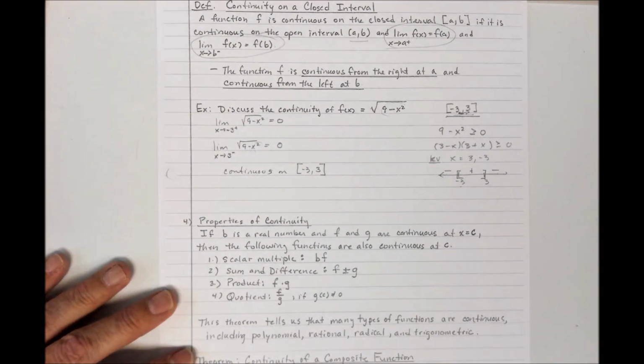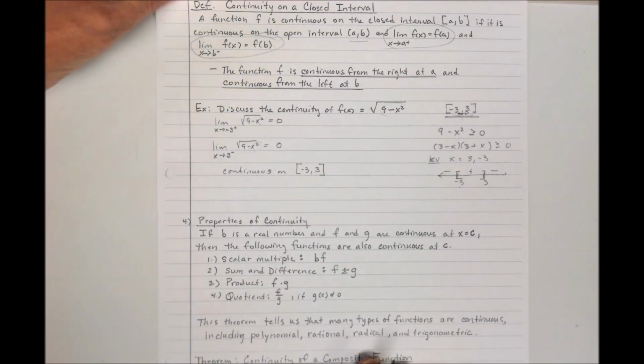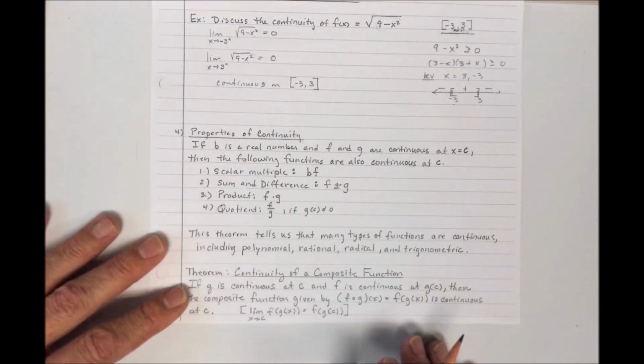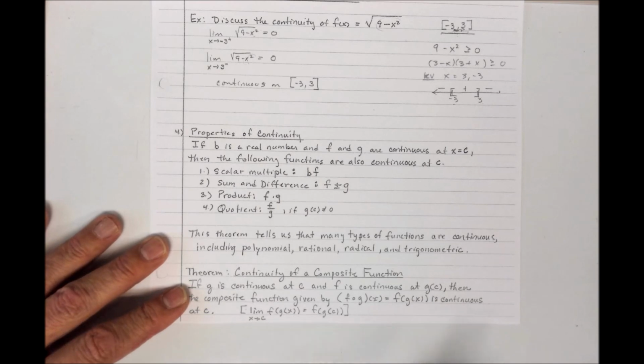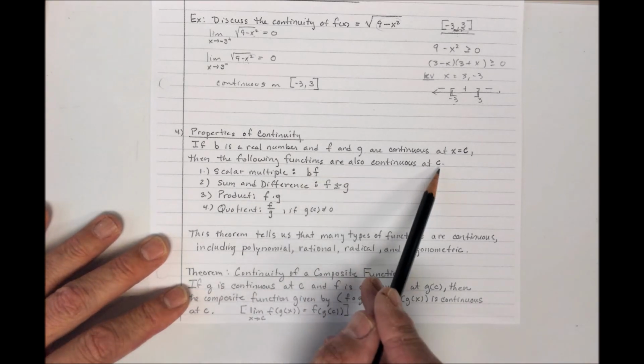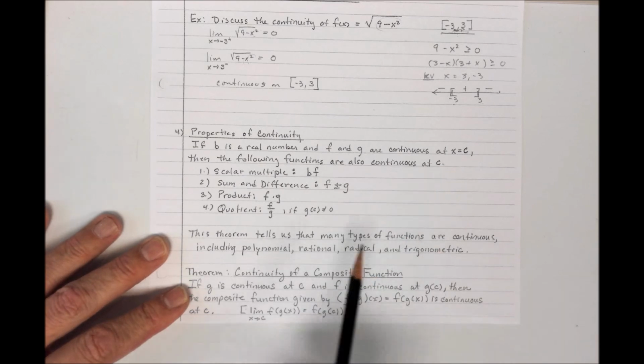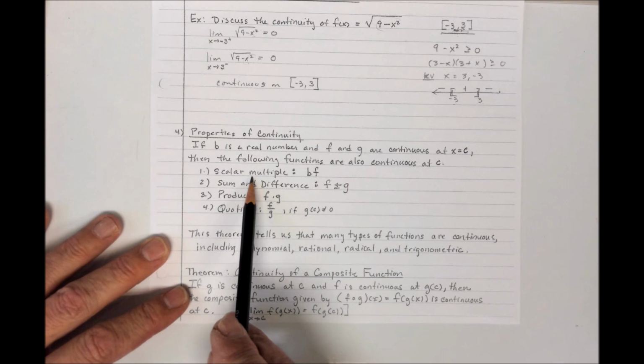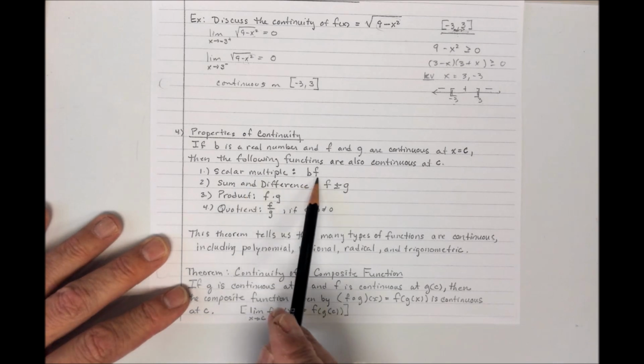All right, now there's some properties of continuity that come in handy. I've got them listed here. If b is a real number and f and g are continuous at x equals c, then the following functions are also continuous at x equals c. This is really nice for a lot of the functions that we're going to be talking about, polynomials and such. We have a scalar multiple, that if your function f is continuous, a constant times that means the function is still continuous.